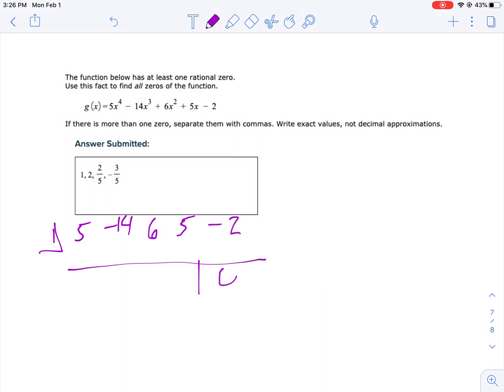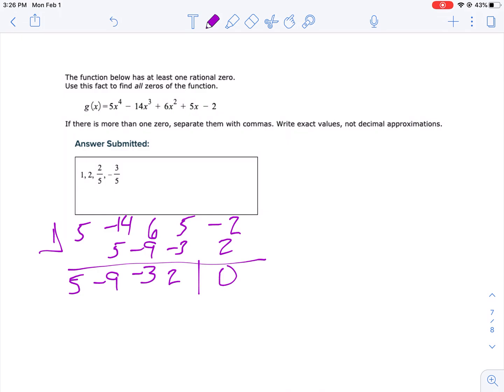I know I should get 0 here. So bring down the 5, you get 5. Negative 14 plus 5 is -9. 6 minus 9 is -3. 5 minus 3 is 2, and you get 0.